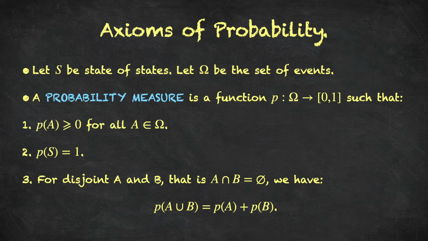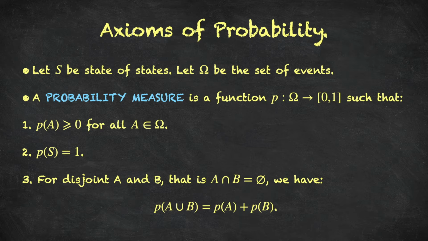These were first described by Kolmogorov. Excuse my pronunciation. So the first rule is that when we plug any event into the probability measure, the number that pops out is never less than 0. So it's always non-negative for all events in omega.